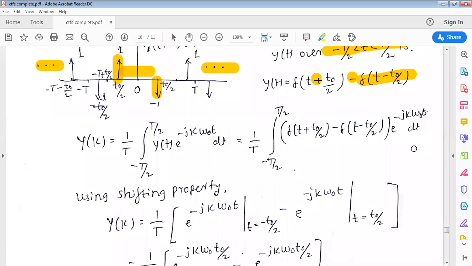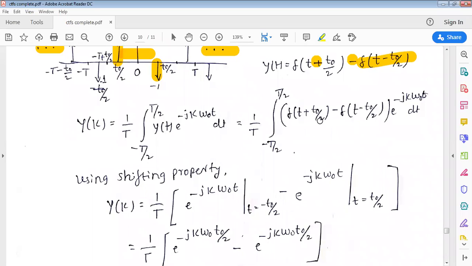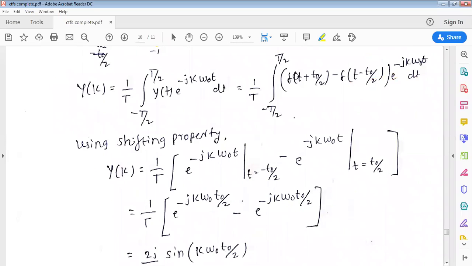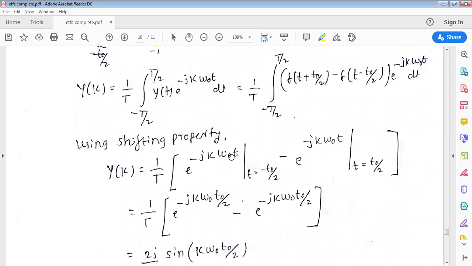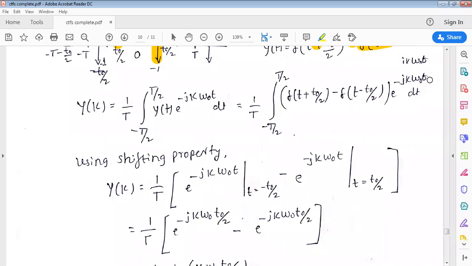So this is just a substitution of y of t. Using the shifting property, there is no need of integration because delta of t exists only at the relevant points. So I'll write e power minus jk omega naught t.